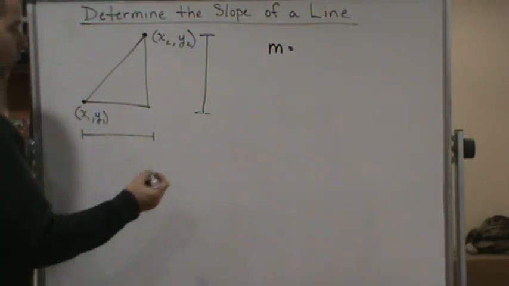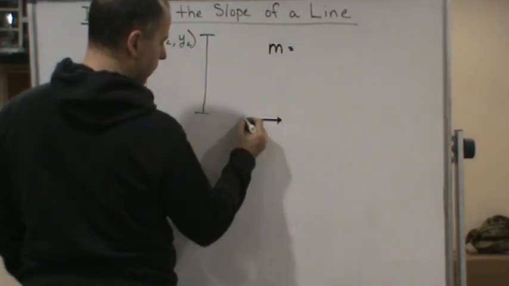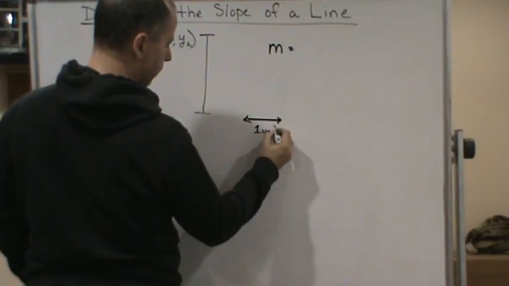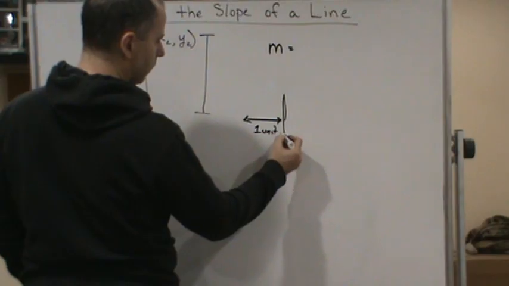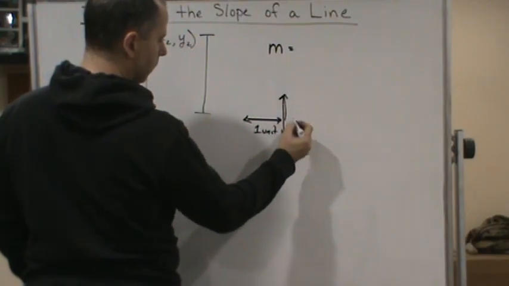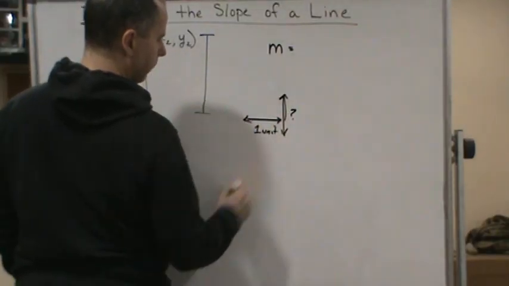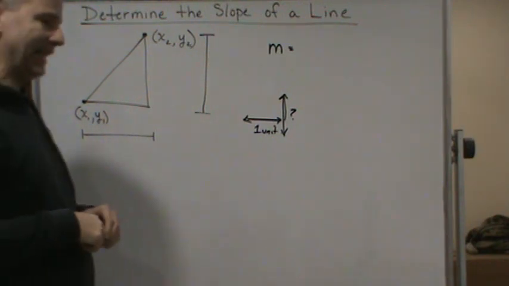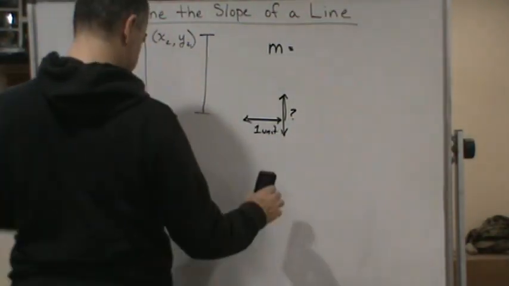What we're basically figuring out is, if we go 1 unit in the horizontal direction, how far up or down is it moving in the vertical direction? That change in the vertical direction for every 1 unit change in the horizontal direction is what we call the slope of the line.